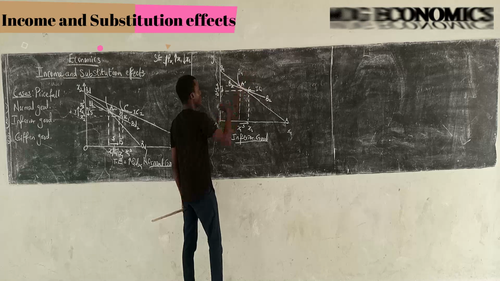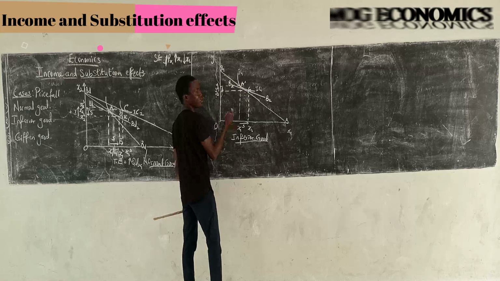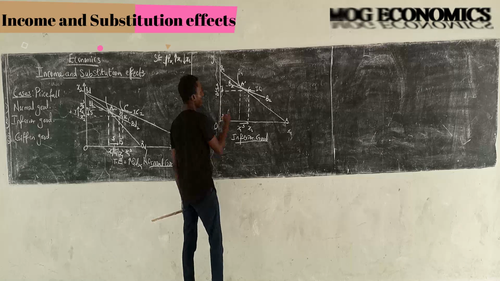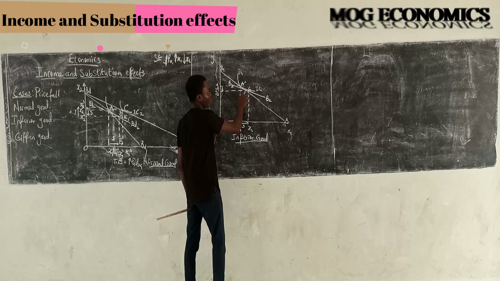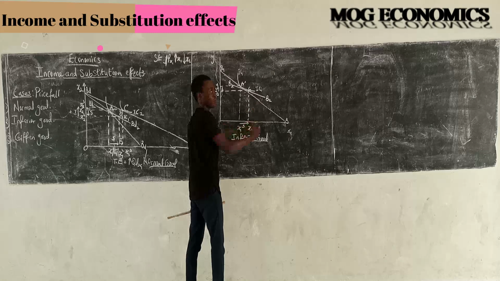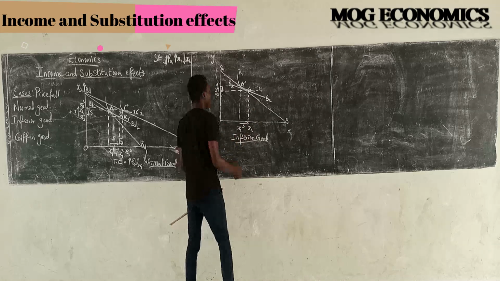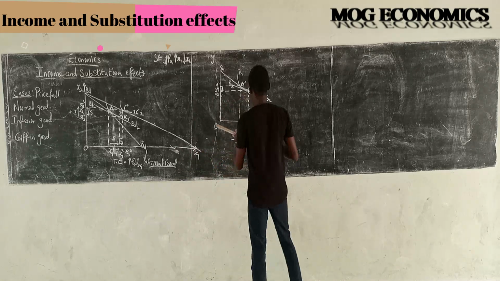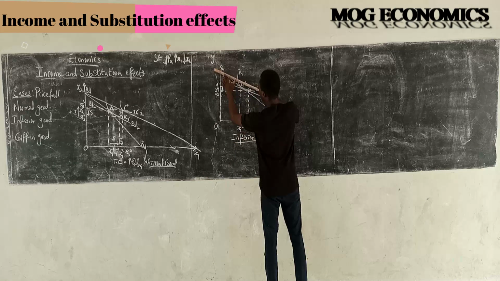Now from here we draw the third budget line, and that budget line is going to be parallel to the budget line that showed the substitution effect. That's just it. So we sketch starting from that axis.